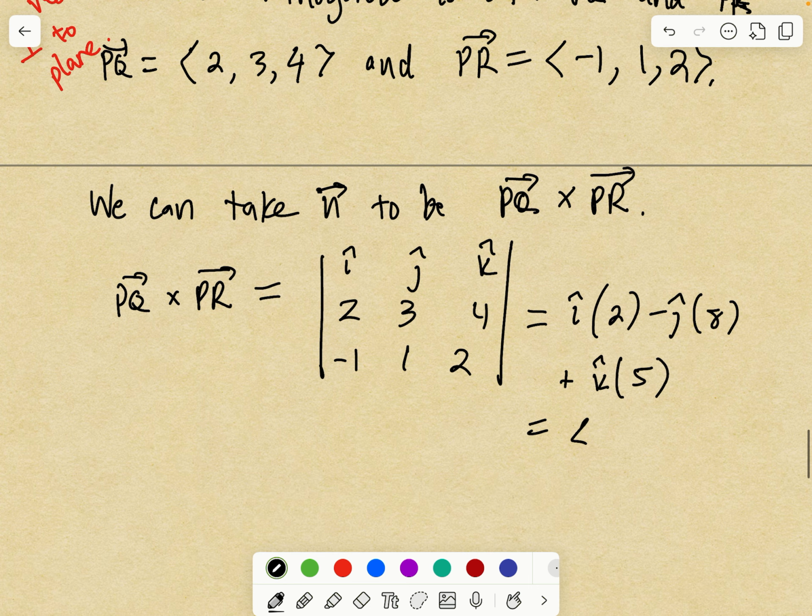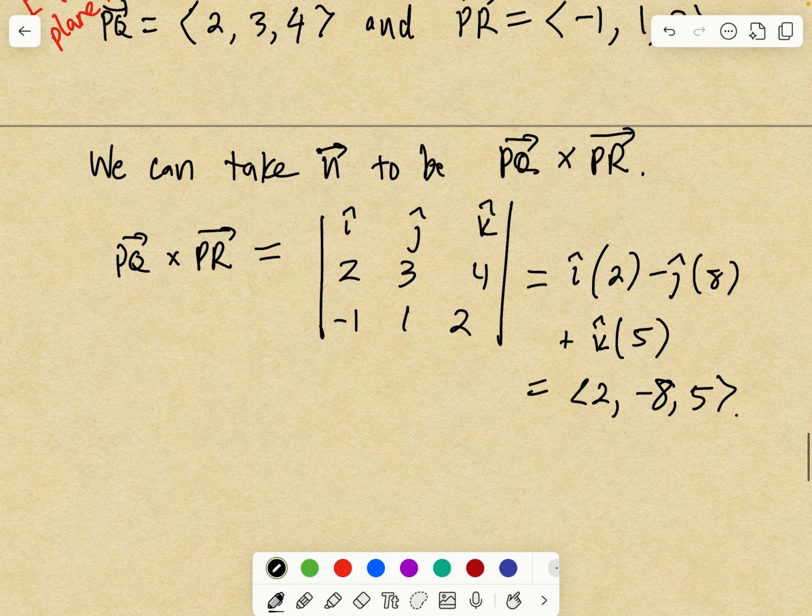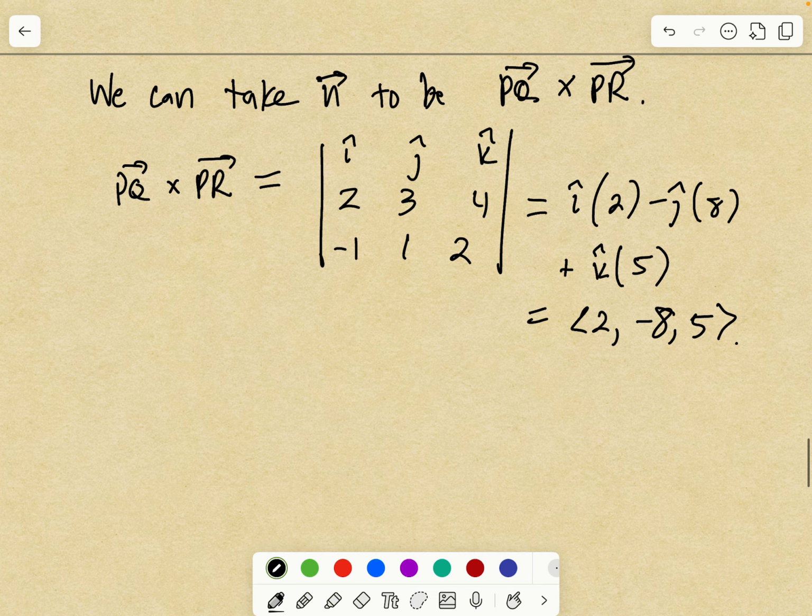So we get the vector 2, negative 8, 5. And by the way, don't hesitate to write out more steps to make sure that the algebra is correct, because it's kind of tricky with the minus signs. But anyway, this is correct, so we can make that our n.